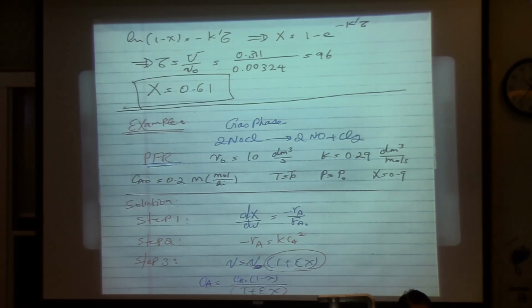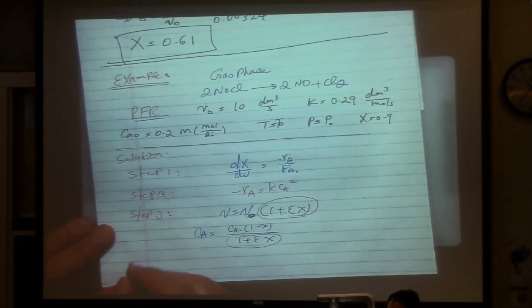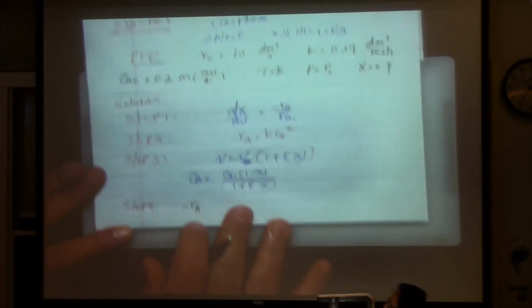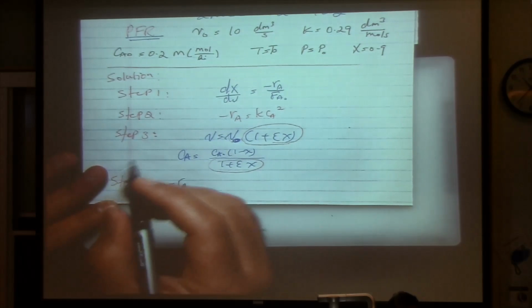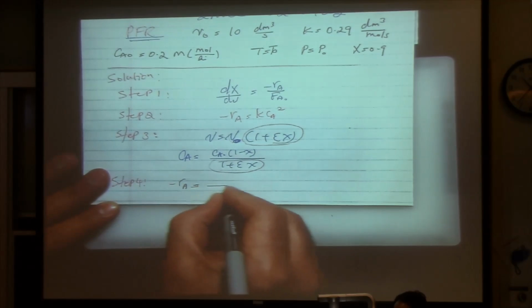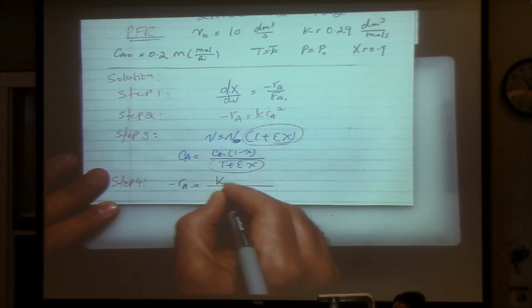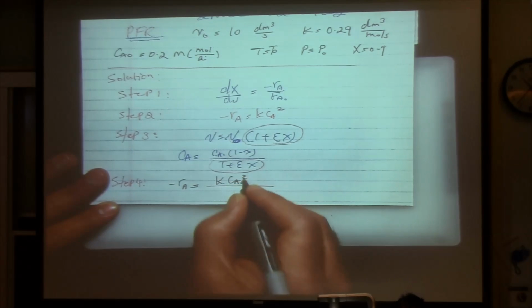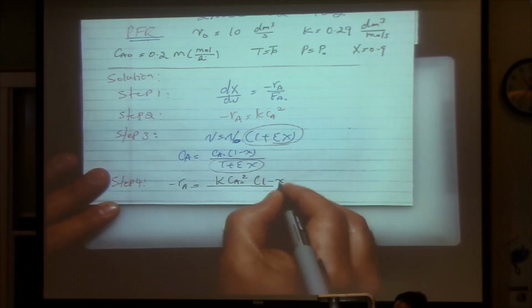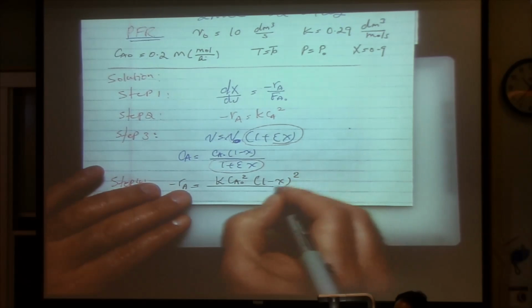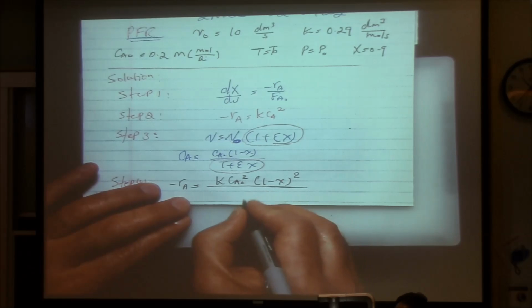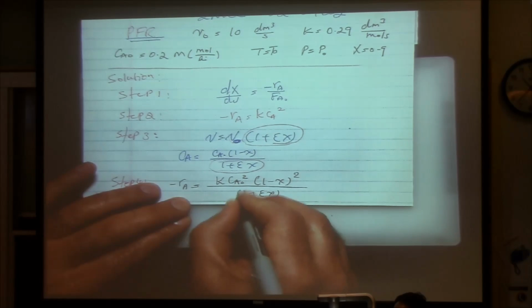And the fourth step is combine them. Step 4: minus RA is k CA0 squared 1 minus x squared divided by 1 plus epsilon x squared.